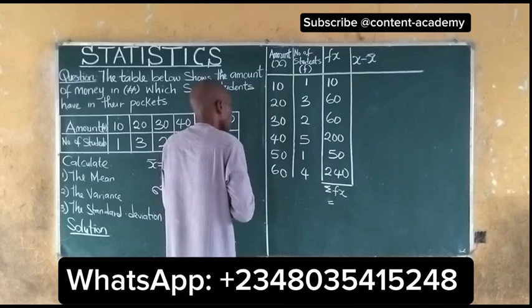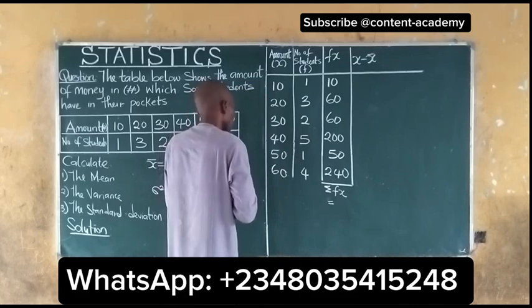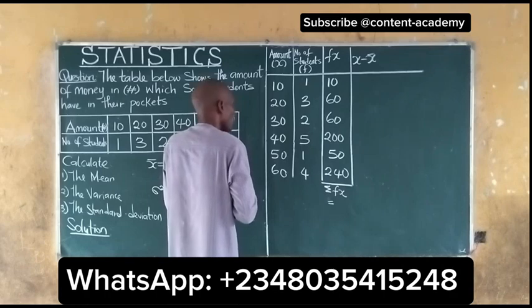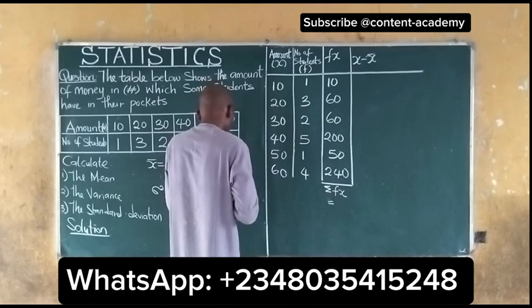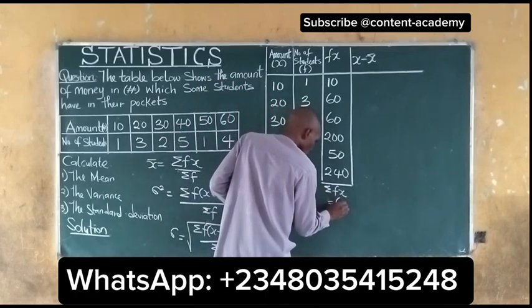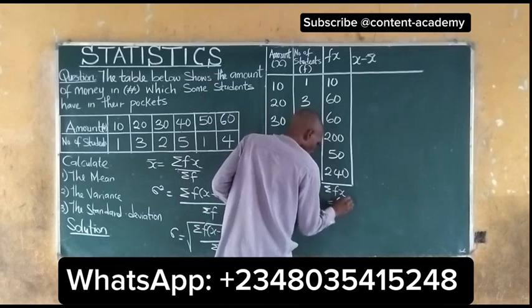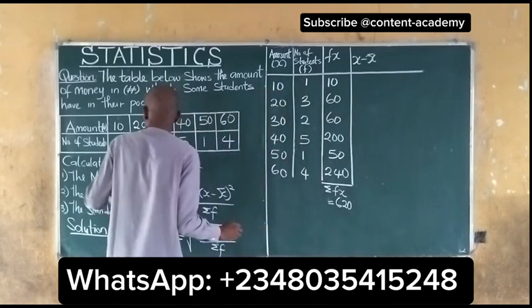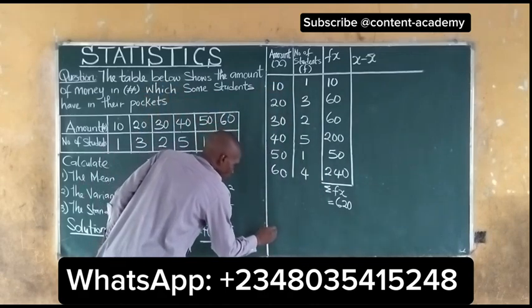We have 10 plus 60 plus 60 plus 200 plus 50 plus 240, which is 620. Now we have x minus x bar. First, we have to calculate the mean. Let's write it out here.